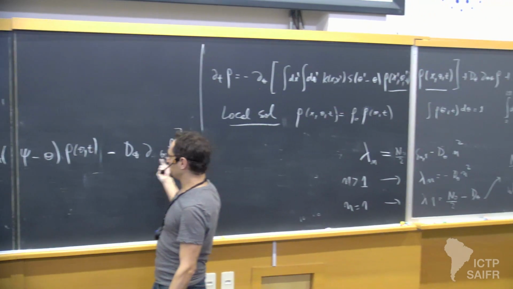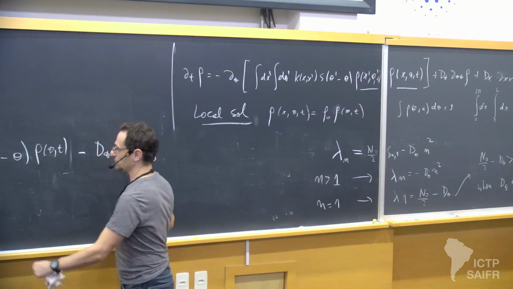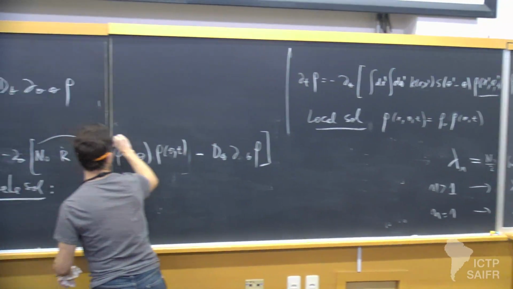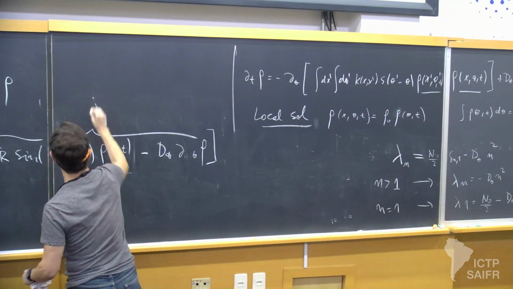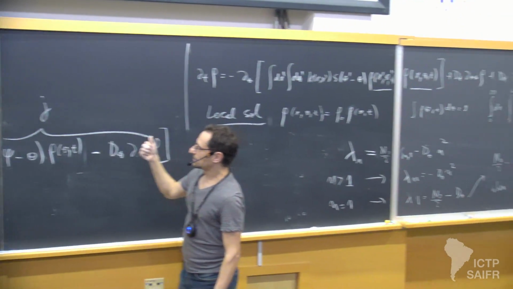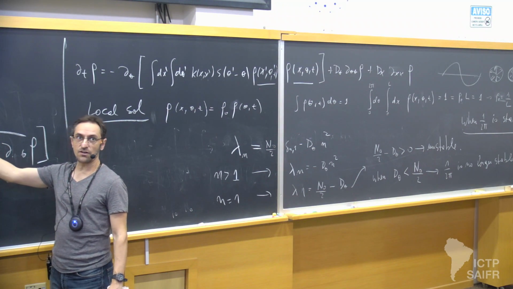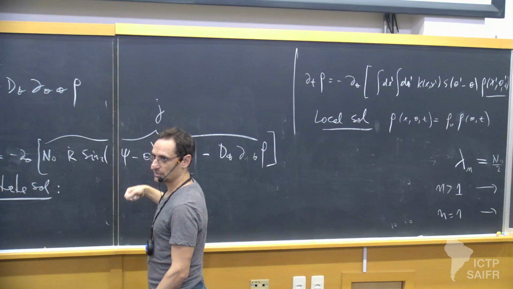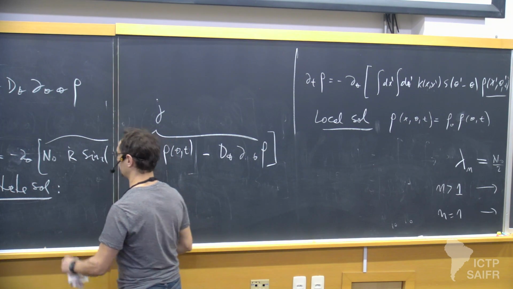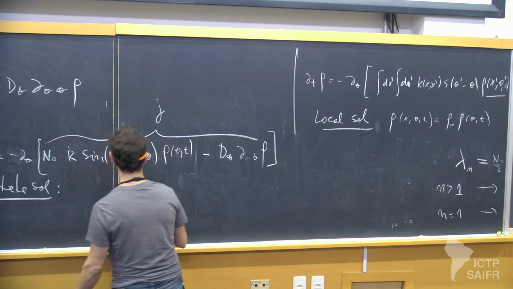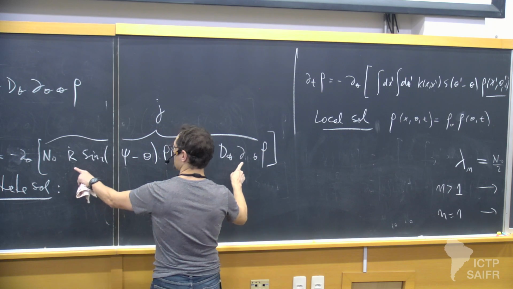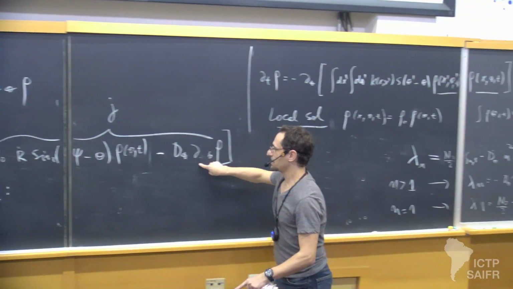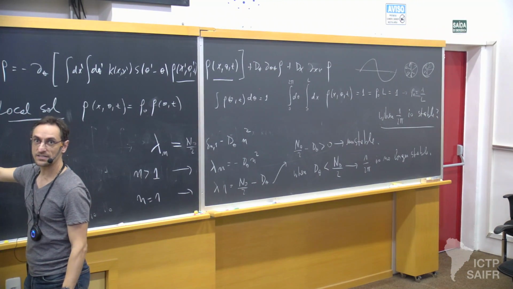If I'm interpreting this like a continuity equation, which it is in the form that I'm talking about, suppose that I write this like J, and I want absence of probability flux, this J has to be a constant, and that constant is going to be 0. So at the end of the day, we are asking that this thing in here has to be a constant. That constant I want is 0.